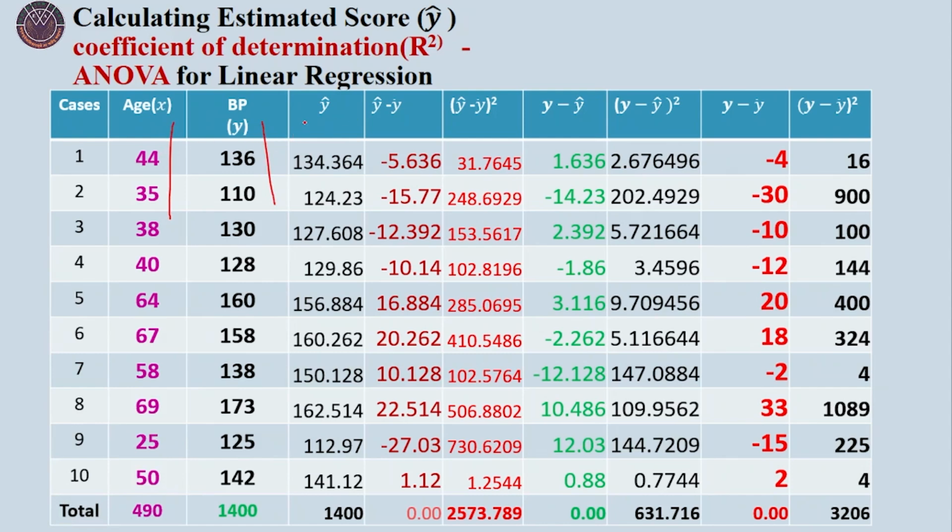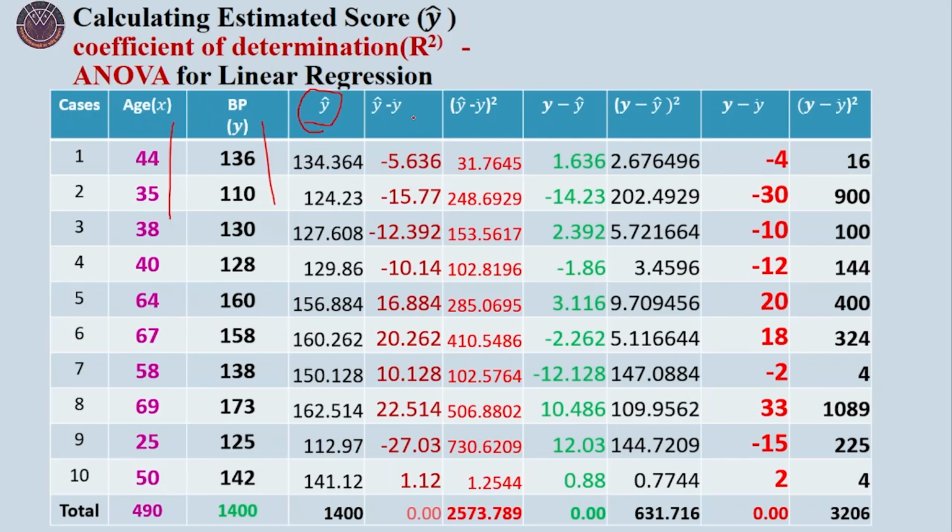And this is the Y predicted value, which we obtain from the regression equation we have just derived, y equal to 84 point something plus 1.126 into age. From that equation we get the predicted value of y, and then we get the regression values.